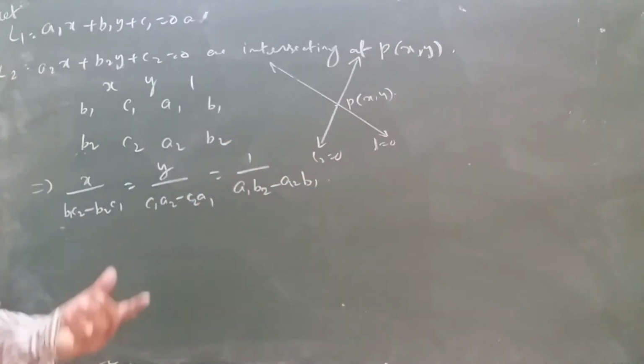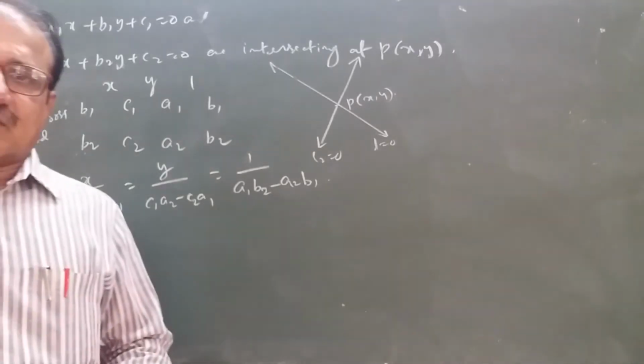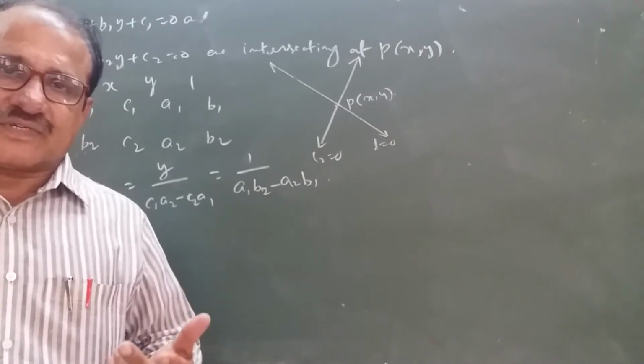This method is called the arrow cross method. By using this method, we are going to find the point of intersection of two given straight lines.